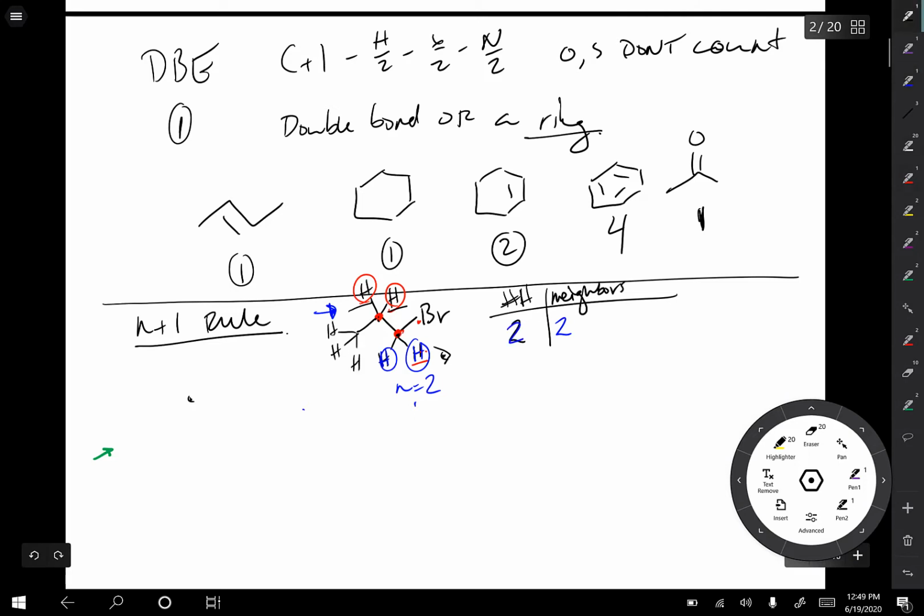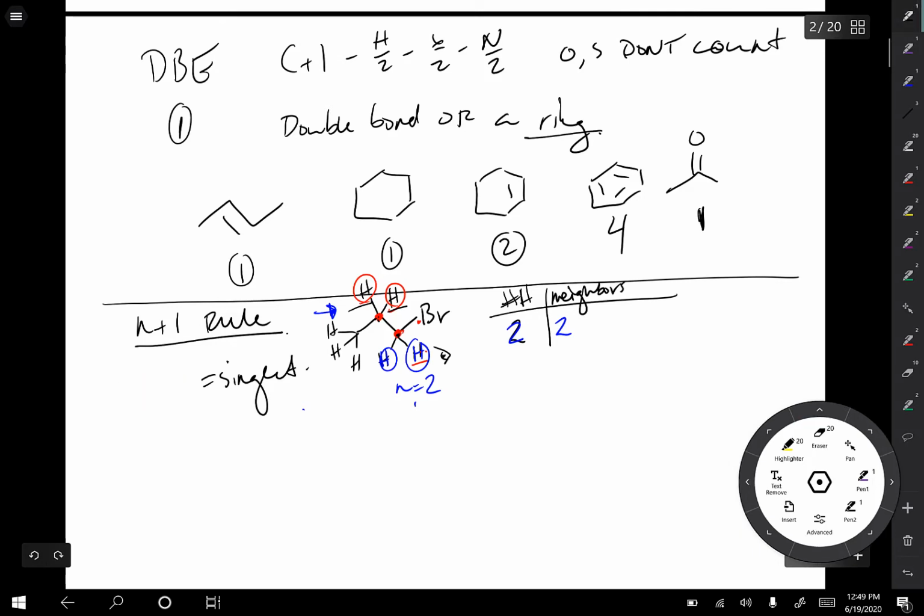So what is the n+1 rule? If you have no neighbors, you are going to have a singlet, okay? And we're going to describe the signal. If you have 0 neighbors, n+1 is 1.